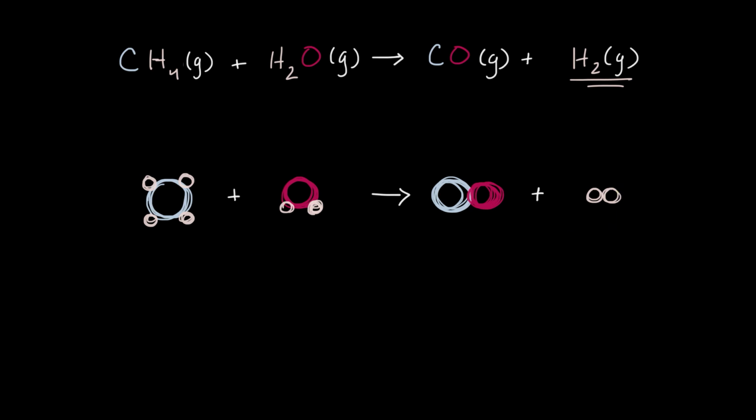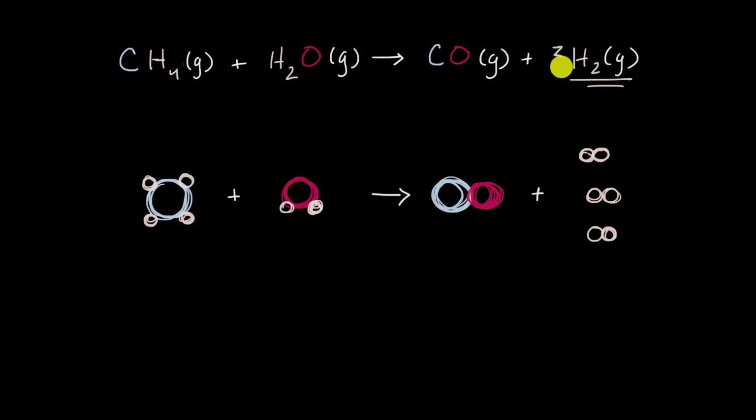Well, how can we have another 4 hydrogens? Well, that's if we have 2 more molecules of hydrogen. So that's 1, and then that is 2. So instead of just having one molecule of molecular hydrogen that has 2 hydrogen atoms in it, we now have 3. So to balance this chemical equation, all we have to do is say, okay, we don't just have 1 molecule of hydrogen here.